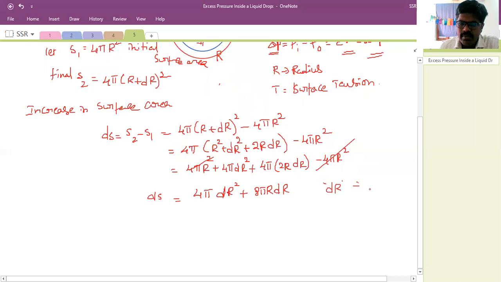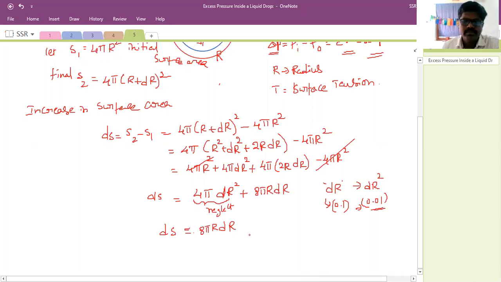Suppose dr is 0.1 centimeter, then dr square will become 0.01, so the square is very, very small. So we can neglect this term. Then dS is approximately equal to 8 pi r dr.